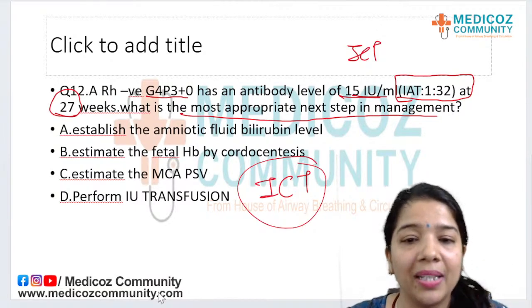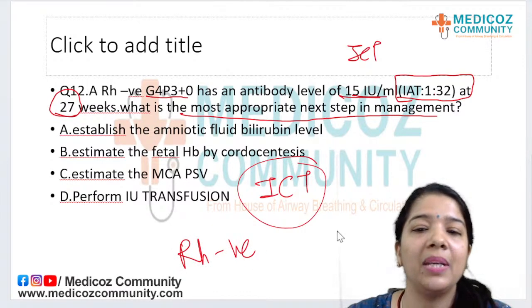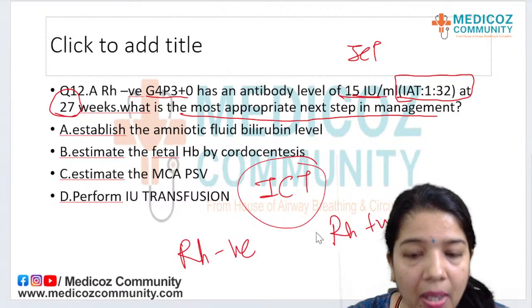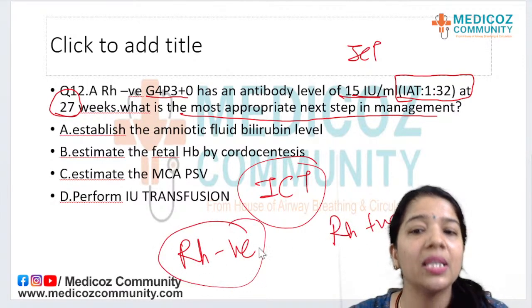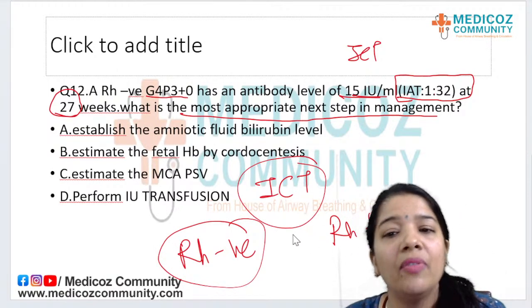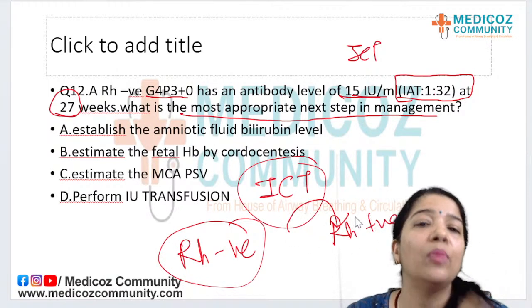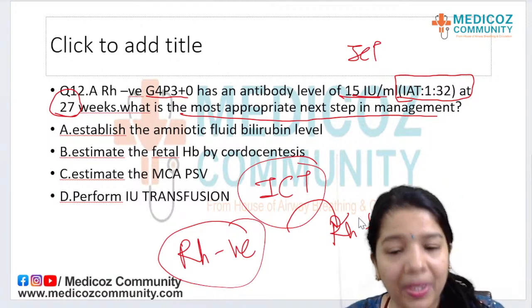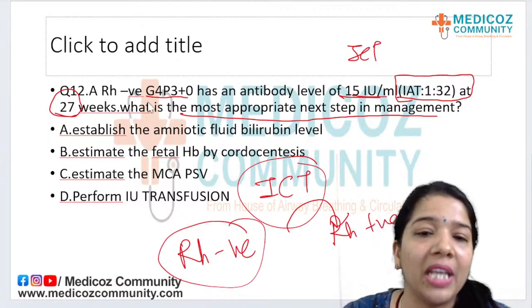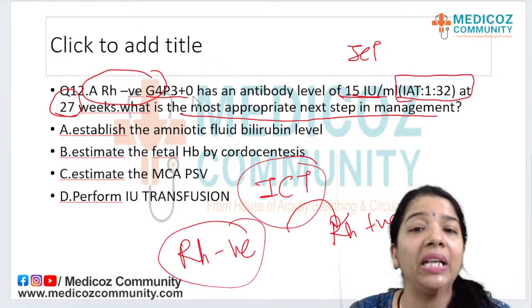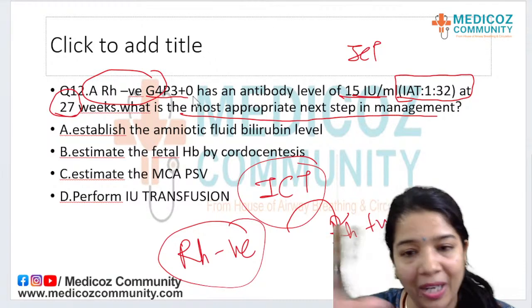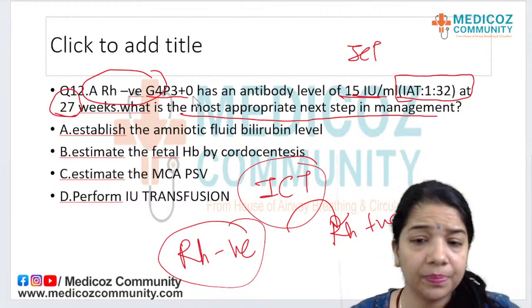Of course, the mother is Rh negative and the baby is Rh positive. So this mother has developed antibodies against Rh factor, which will cause hemolysis of the fetal RBCs, and that is why the main complication of Rh negative mothers is fetal anemia. Okay. There's a full spectrum of fetal anemia which can happen.